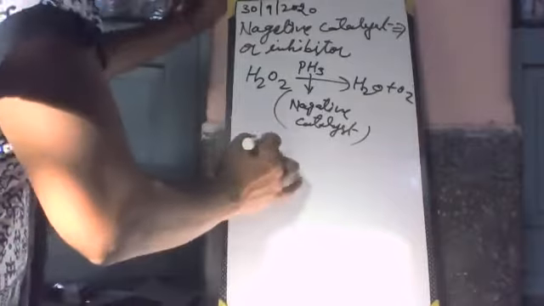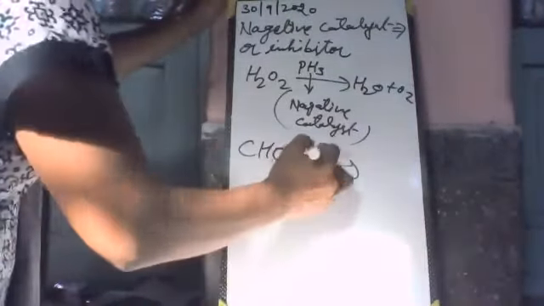Then the rate of oxidation of chloroform decreases in the presence of alcohol. This is chloroform, CHCl3, in the presence of alcohol.